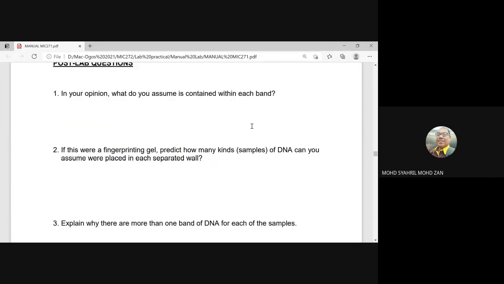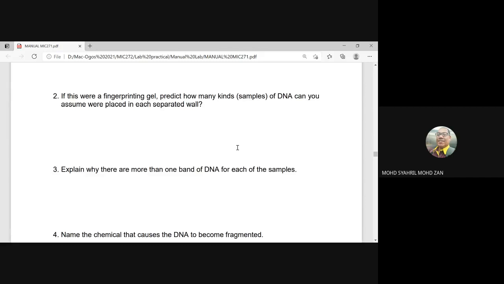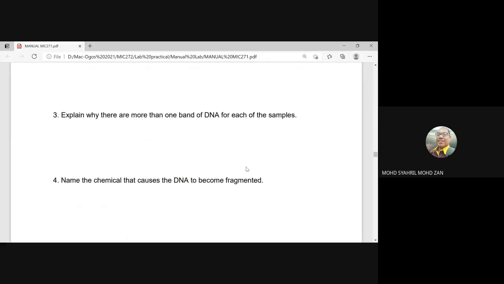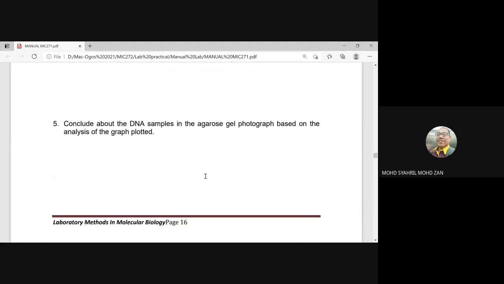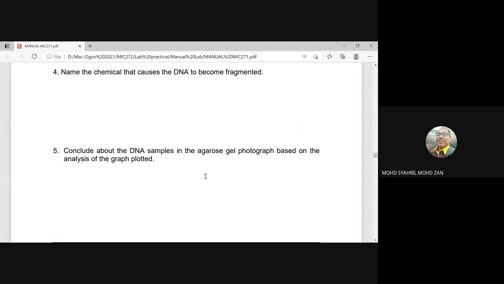If this were a fingerprinting gel, predict how many kinds of DNA samples you can assume were placed in each separate well. Number three, explain why there is more than one band of DNA for each of the samples. Last one, name the chemical that causes the DNA to become fragmented. And number 5, conclude about the DNA samples in the agarose gel photograph based on the analysis of the graph plotted.